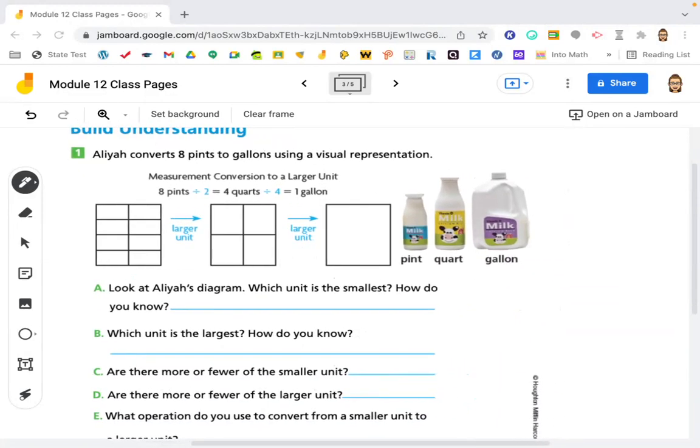So it says, look at the diagram. Which unit is the smallest and how do you know? Well, it's going to be pints because the pint rectangles are the smallest.